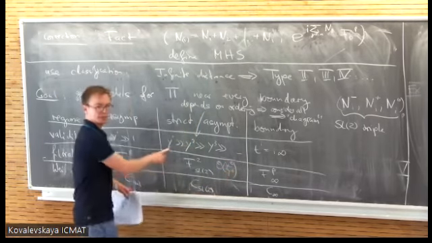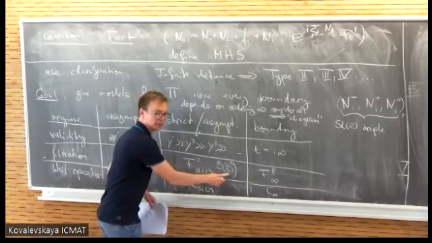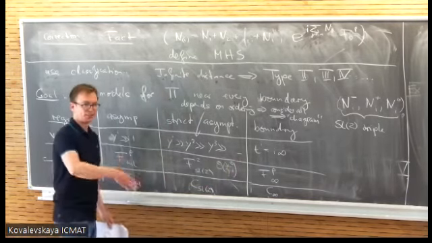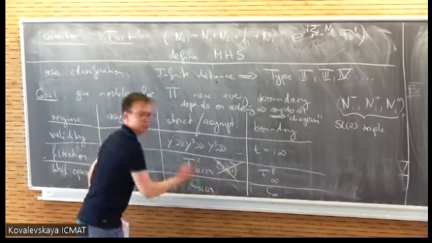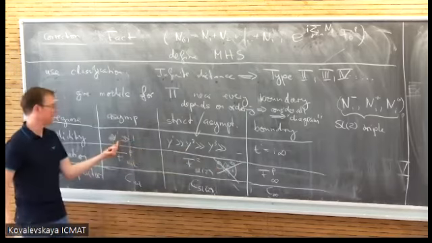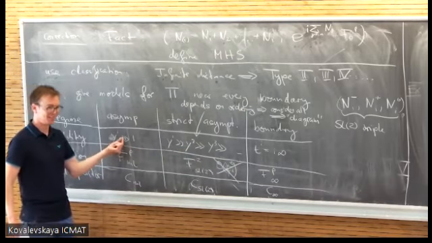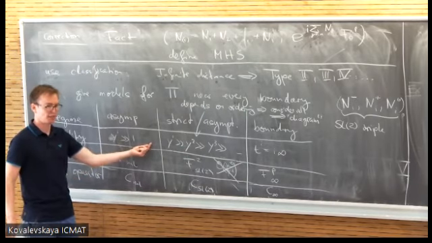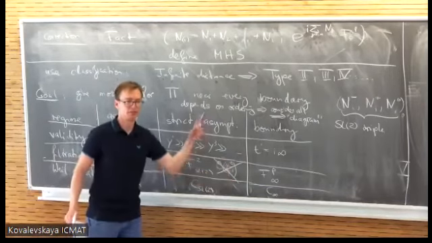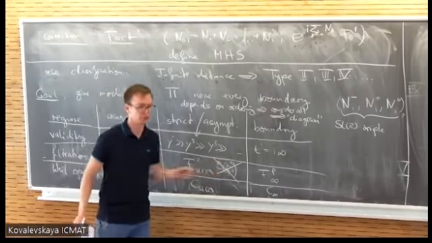Because y1 is the biggest one, so it's downstairs, and so all of these ratios will be small, and you drop them. So that's the idea. Here you drop the corrections which go exponentially in y, and here you drop the corrections which go with these ratios. So these are exponential and polynomial corrections.